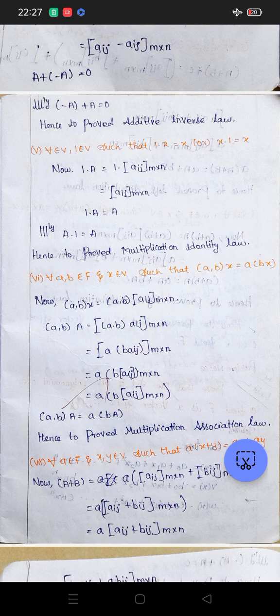We can multiply the scalar b, so a into b of aij of m cross n. We can group these two scalars, a into b of aij of m cross n.